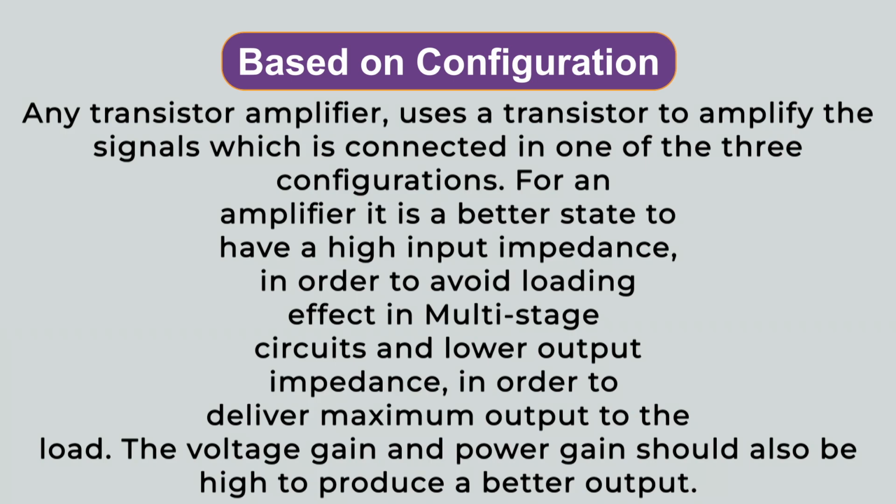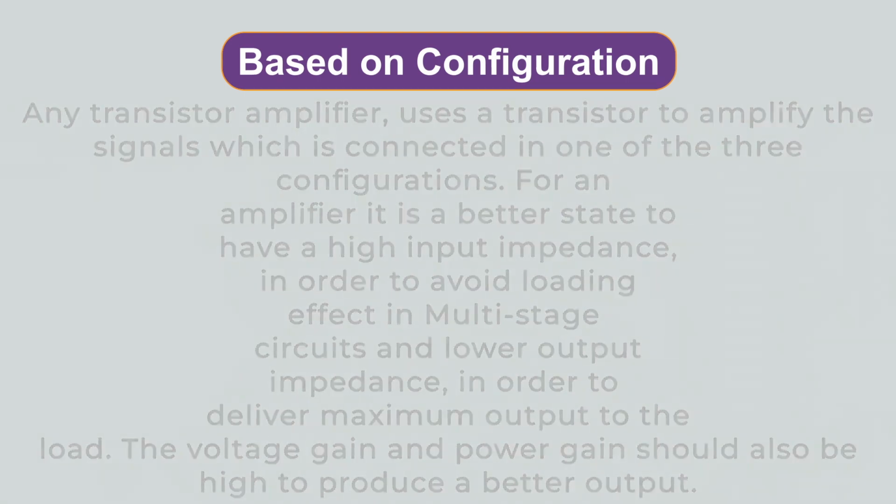For an amplifier, it is better to have a high input impedance in order to avoid loading effect in a multi-stage circuit, and lower output impedance in order to deliver maximum output to the load. The voltage gain and power gain should also be high to produce a better output.